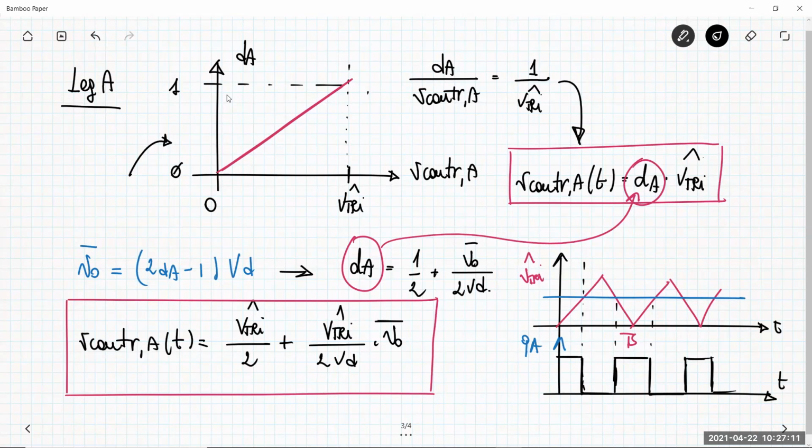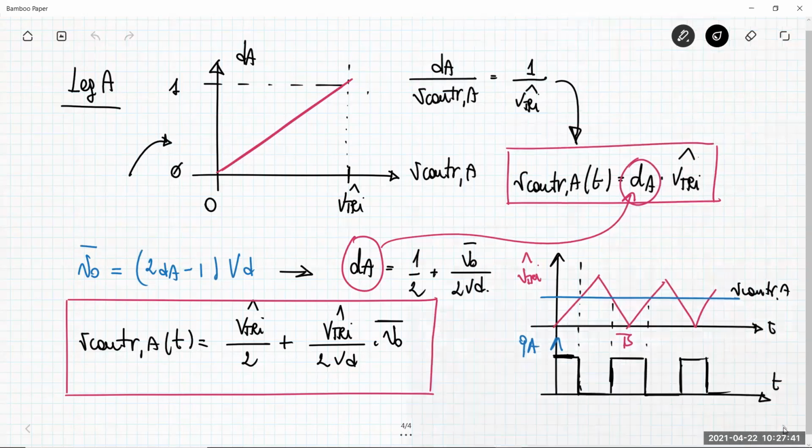There is no difference in that kind of choice, and I selected this law. So when the control voltage is higher than the triangular voltage, I put 1. Also, the opposite should be considered, 0 instead of 1, etc. The opposite law can also be true.